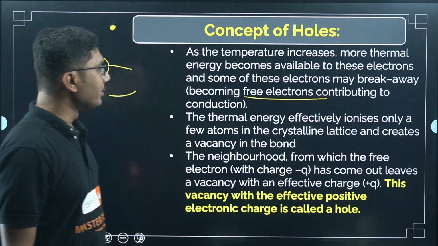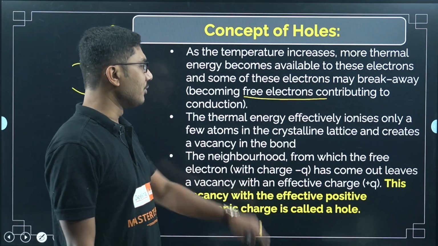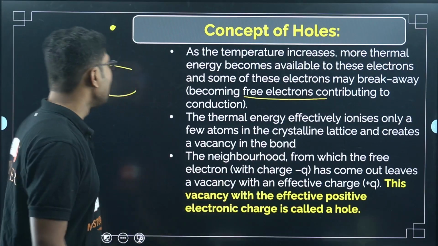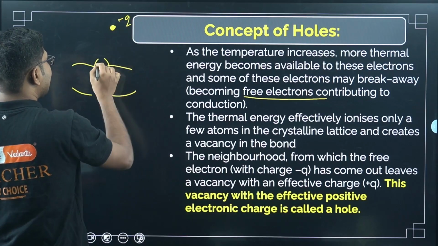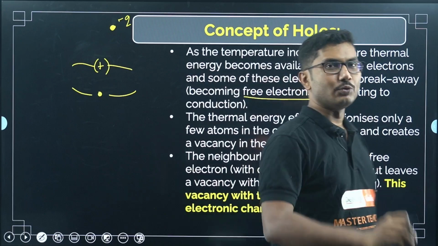The neighborhood from which the free electron with charge minus q has come out leaves a vacancy with an effective charge of plus q. Because you have taken out this minus q charge, there will be a vacancy of equivalent amount of plus q. Why?